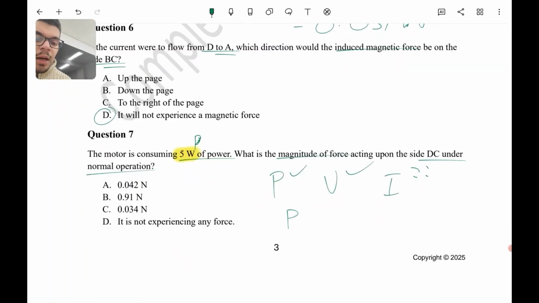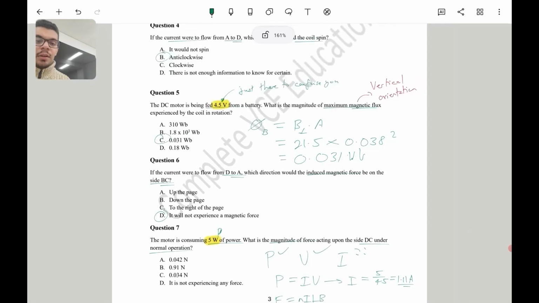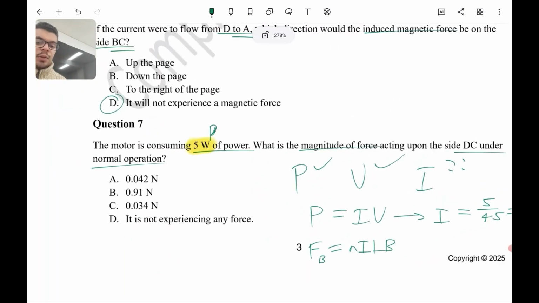Okay, so power is equal to current times voltage. From here, we can say that current is equal to 5 over 4.5. And we can use these numbers to obtain the current 1.11 amps. Afterwards, we could then plug this value into the NILB formula for the magnetic force. Now, in here, the number of turns of wire, N, has not been given. In such a case, when N is not given, N is equal to 1 by default.